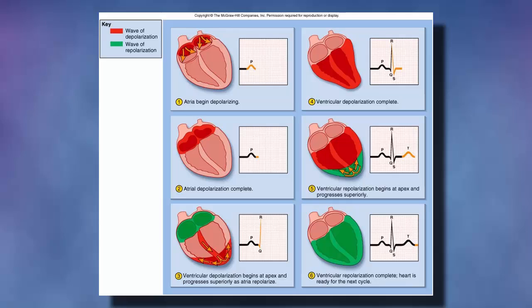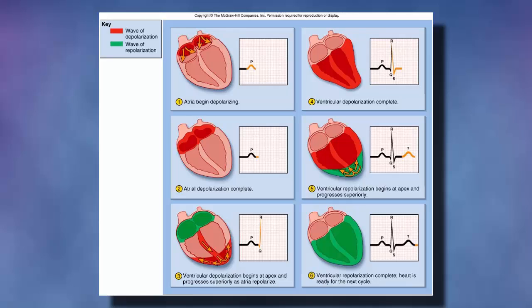So we've got the Q wave, the R, and then in box number 4, we see the S wave. In box 4, we also see the ST segment where the ventricles are contracting, and then in box 5, we see the beginning of ventricular repolarization and the T wave.